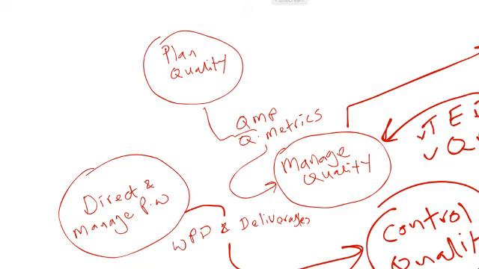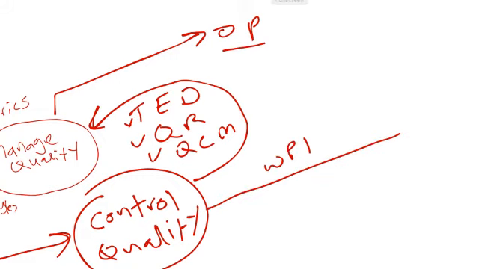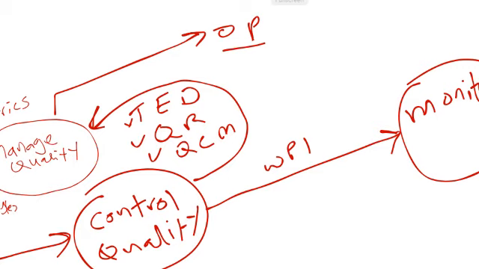A better way to have shown this would have been to show that quality control measurements also come out of control quality and go into manage quality. But when it comes to WPD, we need to be very careful so we don't confuse people. WPD is going to go out of there into the monitor and control project work process. And then your work performance report, WPR, is generated as a result of that.